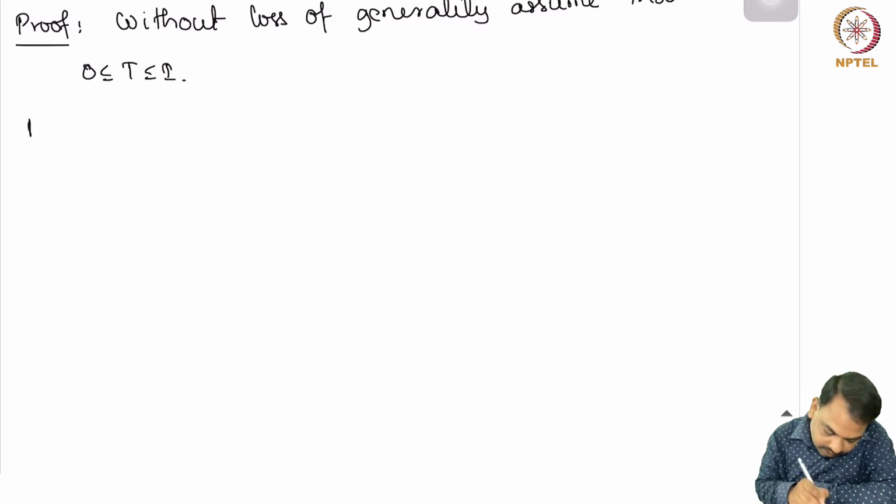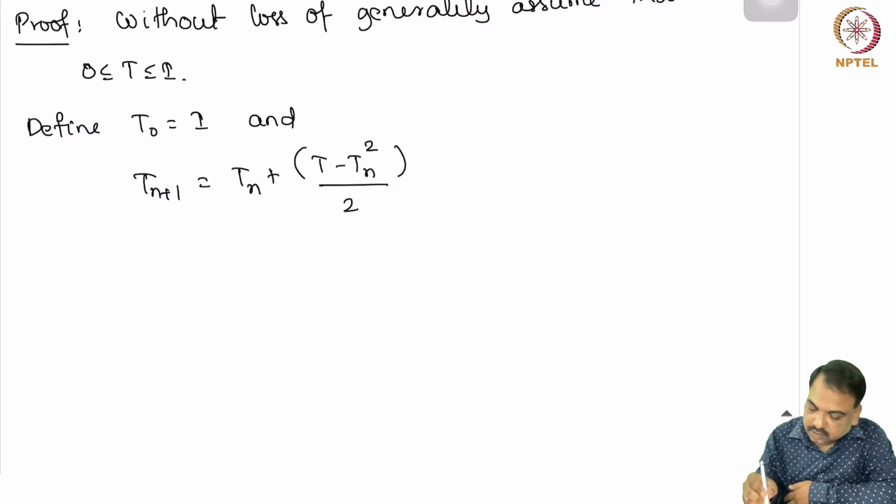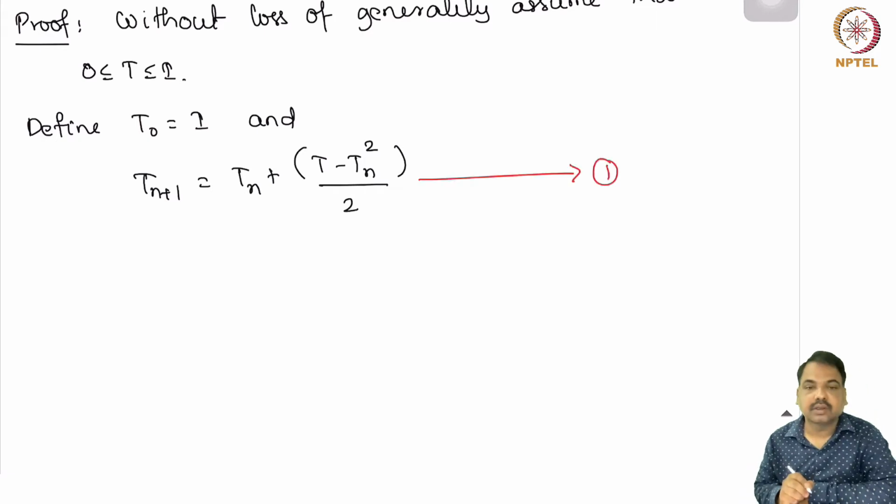Let us define T0 as identity and Tn plus 1 as Tn plus (T minus Tn square) by 2. Let's call this equation 1.